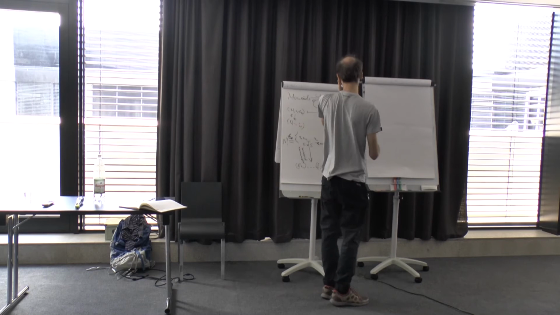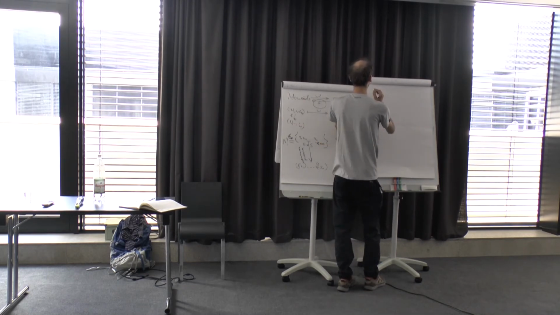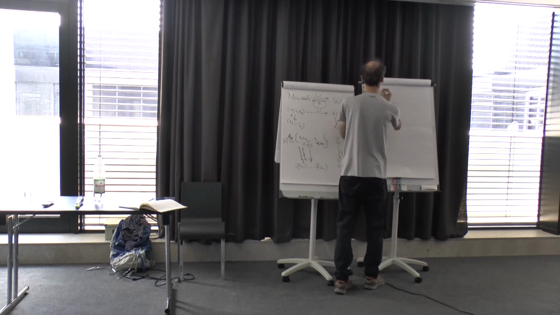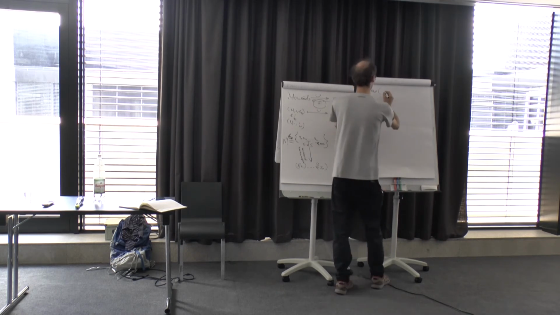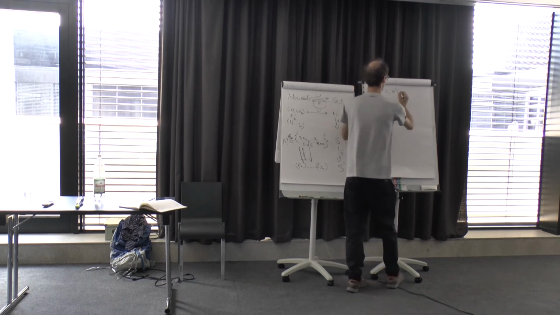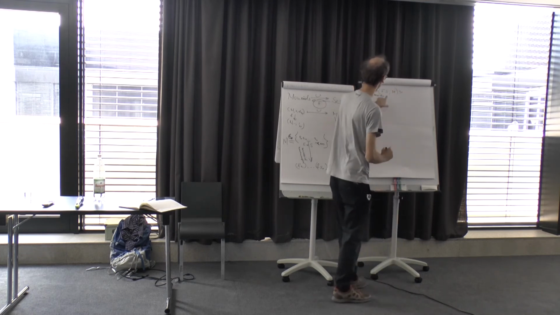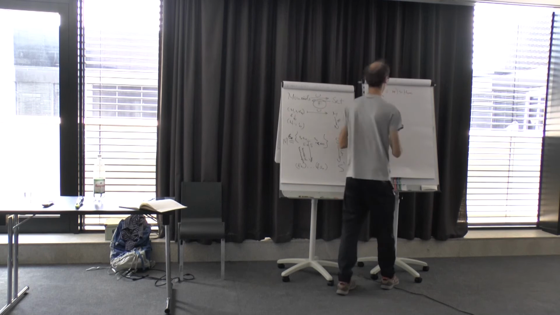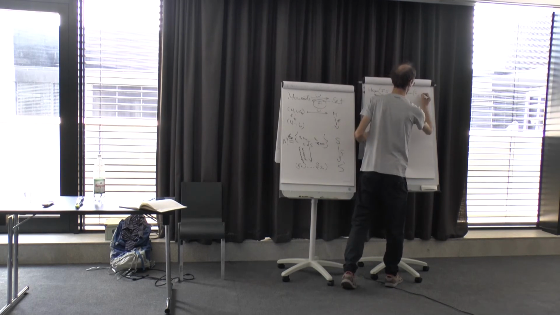The interesting property that it satisfies is this one. If you take all the homomorphisms from F of S to M, in the category of monoids, it turns out that this set of all the maps from F of S to M is isomorphic to all the homomorphisms from S to U of M in the category of sets.